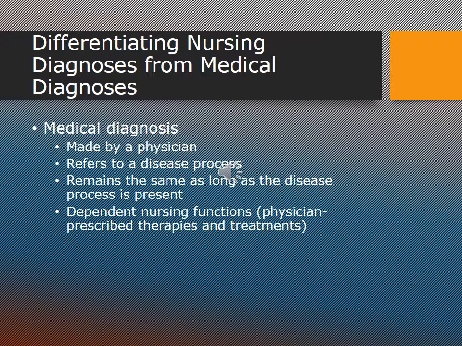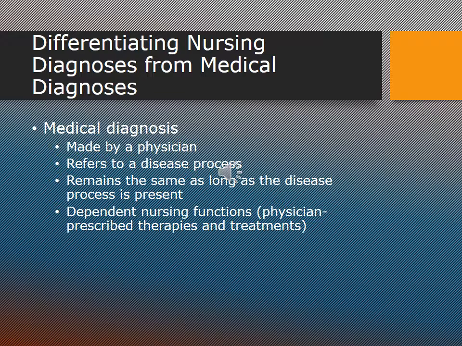So if we're going to talk about dependent, orders for treatment, we don't arbitrarily give medication. It's not within our scope. We need an order. We don't arbitrarily put catheters in. We need an order. We don't initiate IV fluid. Wound care. Physicians prescribe mandated types of wound care.